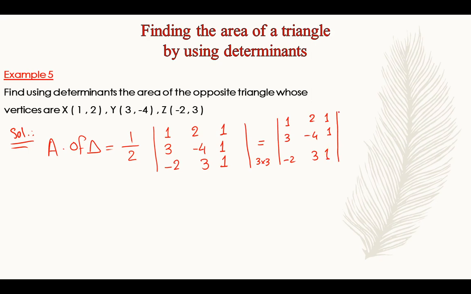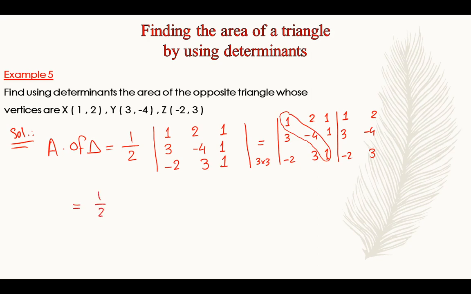Then we will write the elements of the first two columns again, 1, 3, negative 2, 2, negative 4, and 3. Multiplying the left diagonals together, minus the right diagonals.